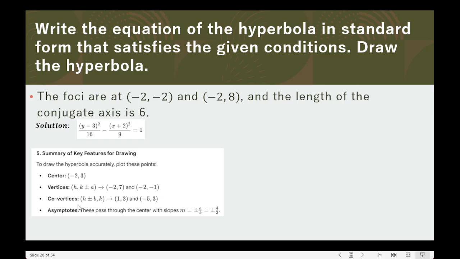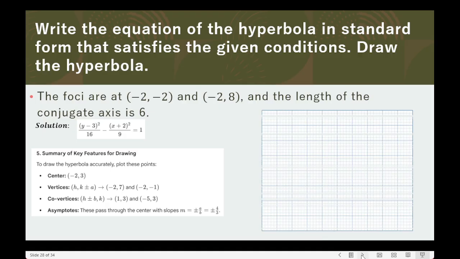The co-vertices, following this formula, have endpoints at 1, 3 and -5, 3. For the asymptotes, they pass through the center with slopes positive or negative a over b, or that is positive or negative 4 over 3. So we have the graph.